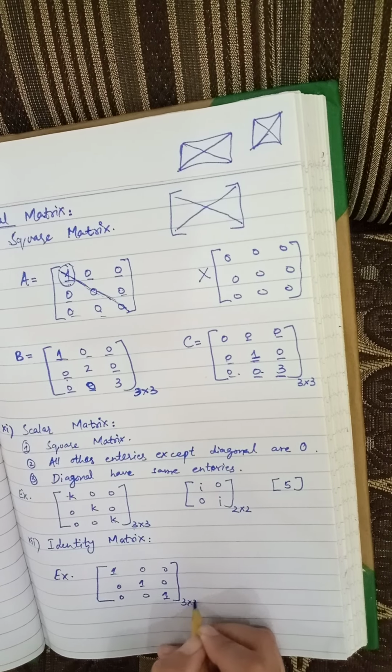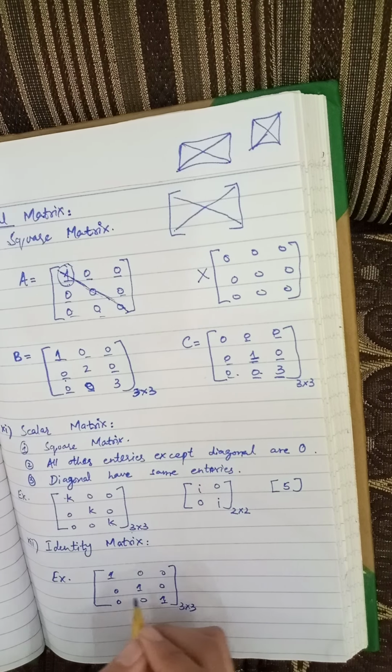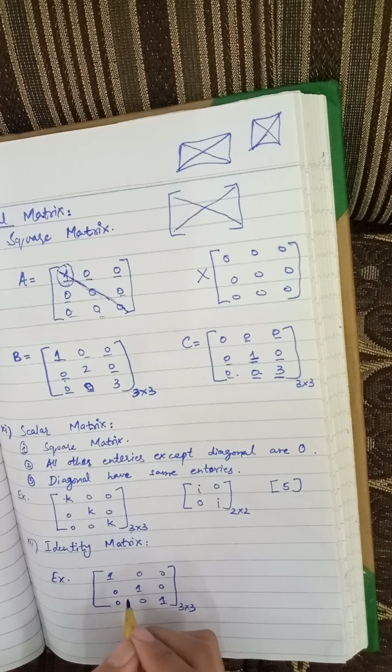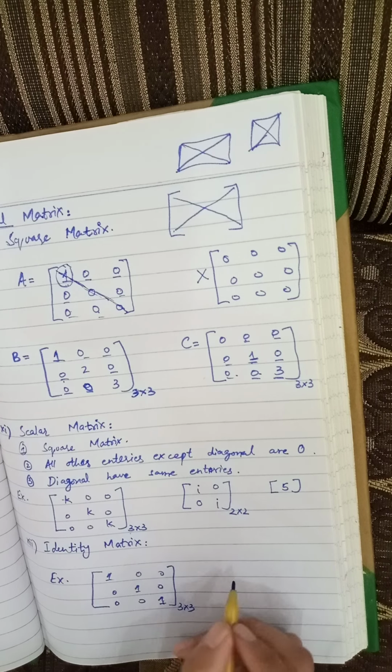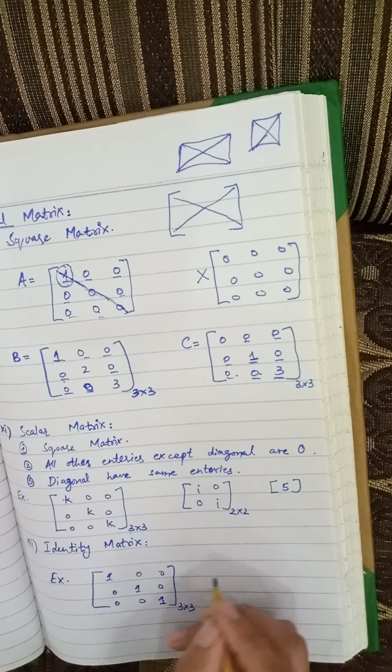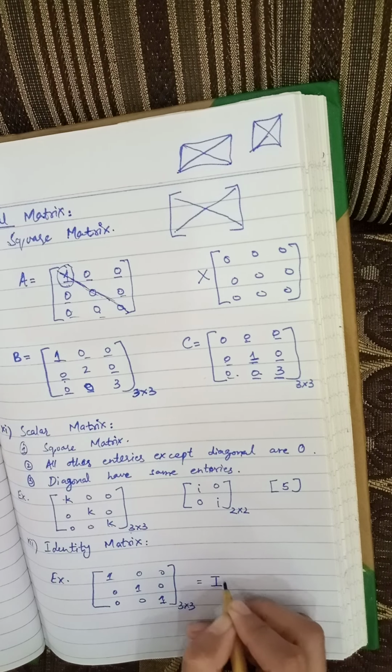It's a 3 cross 3 identity matrix. A diagonal matrix is called an identity matrix if all diagonal entries are 1, and the identity matrix is always denoted by I.